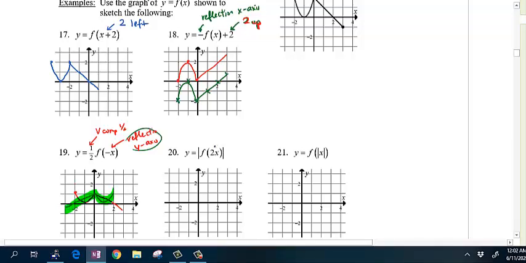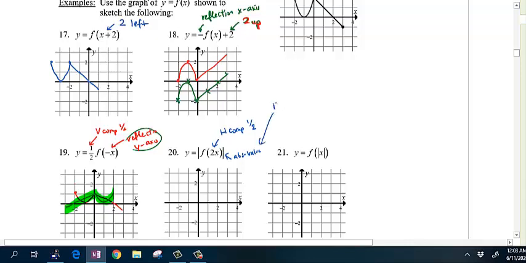20. Ooh, that 2 in the x, that's a horizontal compression by a factor of 1/2. This time I'm shrinking it horizontally, and then I'm putting the absolute value. So what happens with the absolute value? Do you remember? An absolute value outside actually does what?